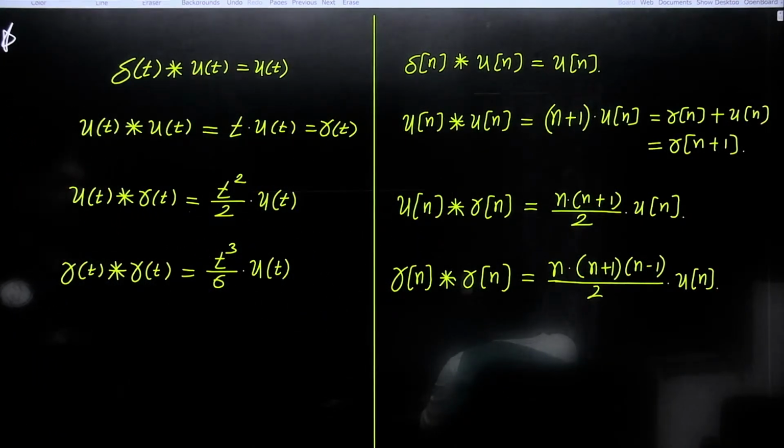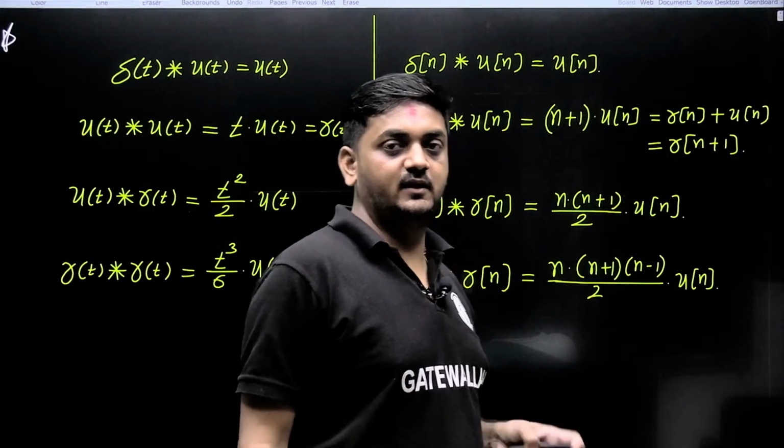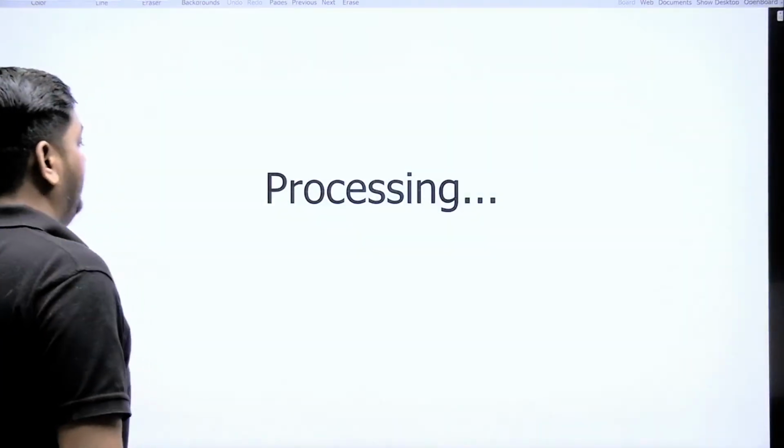So remember all the results. This is for the continuous time system and this is for the discrete time system. Write this in your short notes, fine.